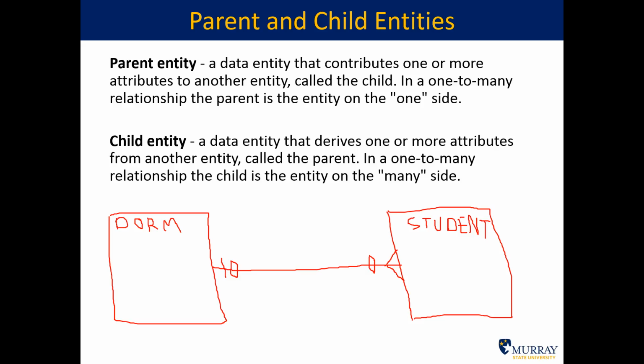Given this definition that the child entity is always on the many side, this entity is a child entity. And this entity is a parent entity because it's on the one side, according to the definition here.